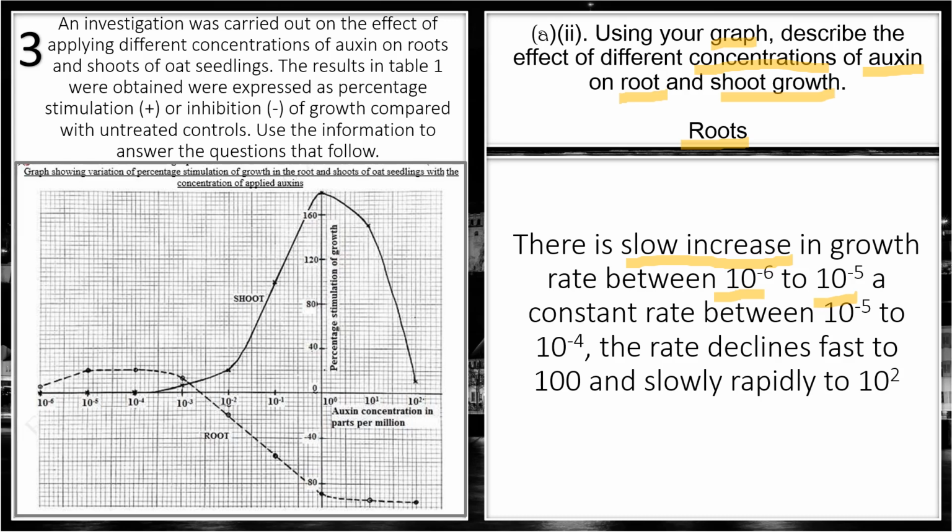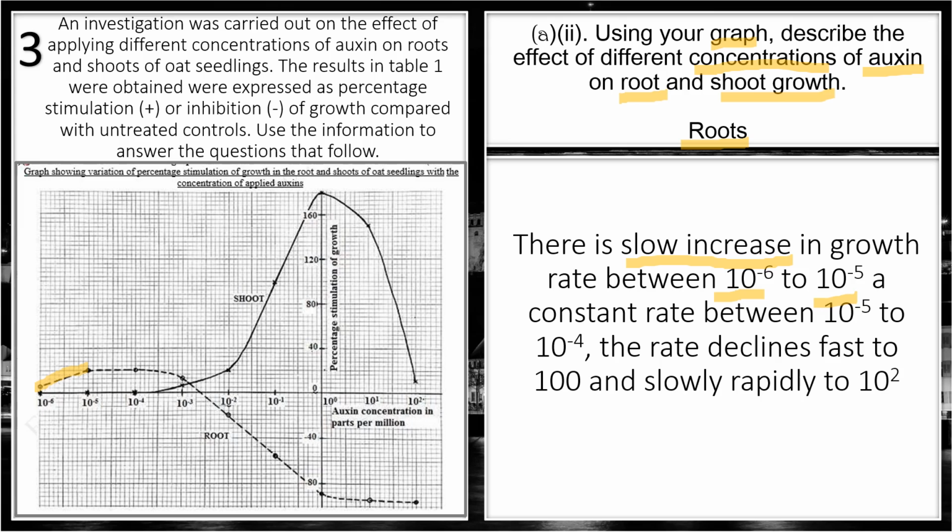So when you look at that concentration from 10 to power negative 6 up to 10 to power negative 5, there is a slight increase in growth of the root.